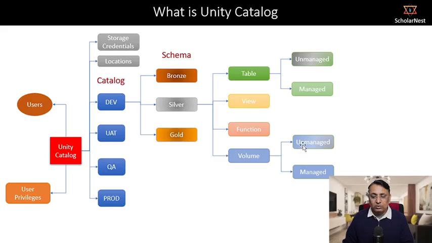Volumes are also of two types: unmanaged volumes and managed volumes. Tables and volumes are 2 types of objects to store data. In real sense, you can store data physically inside these 2 types of objects. In tables, your data is stored in the tabular form as a table.